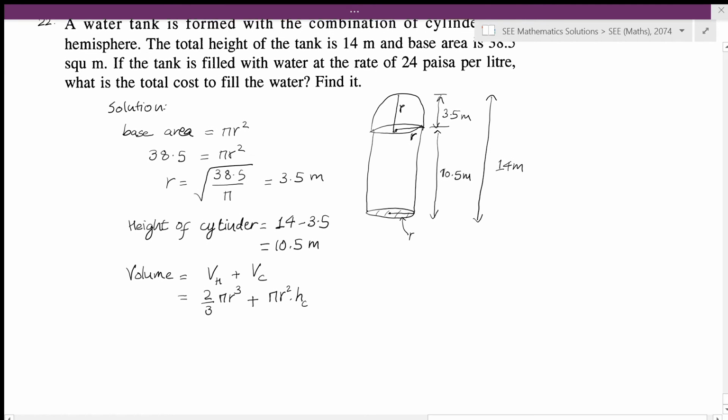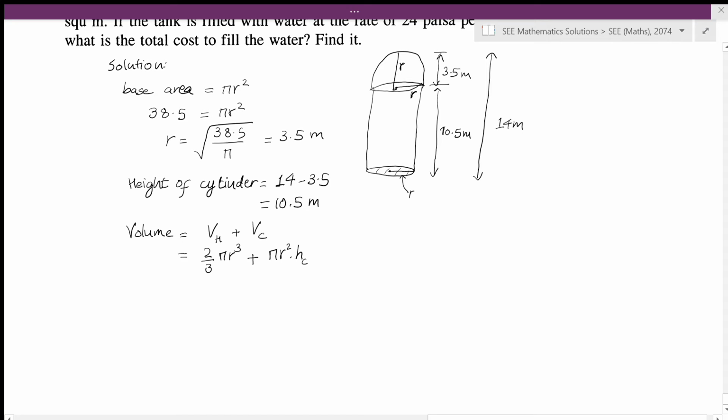If we put the values here, 2 by 3 times pi times 3.5 cube, because the value of radius is 3.5, plus pi times 3.5 square times height of cylinder 10.5, not 14. If we do all these calculations, the volume will be 494.08 meter cube.